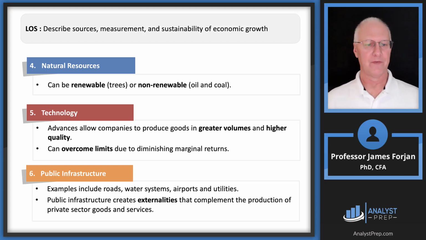And then infrastructure, that's an important word that you hear from politicians all the time these days. So road systems and water systems and airports. Notice that in the very last bullet point, we have infrastructure creates externalities. And this is awesome. An externality that complements production.